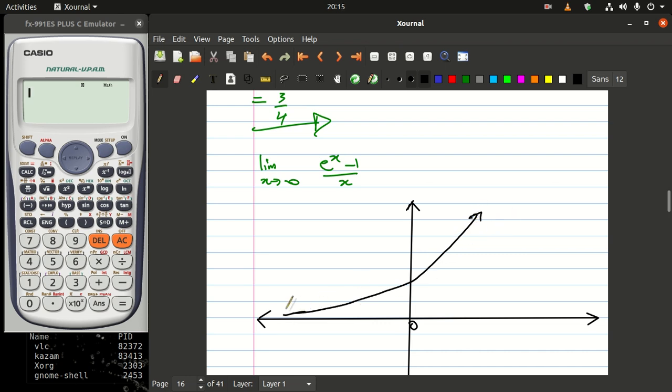It might not be perfect, but it looks like this. This is y is equal to e to the power x. It is an exponential function. Remember, if this value is greater than 1, we're going this way, but if it's less, it goes this way. But at this point here, I know that the value there is 1.